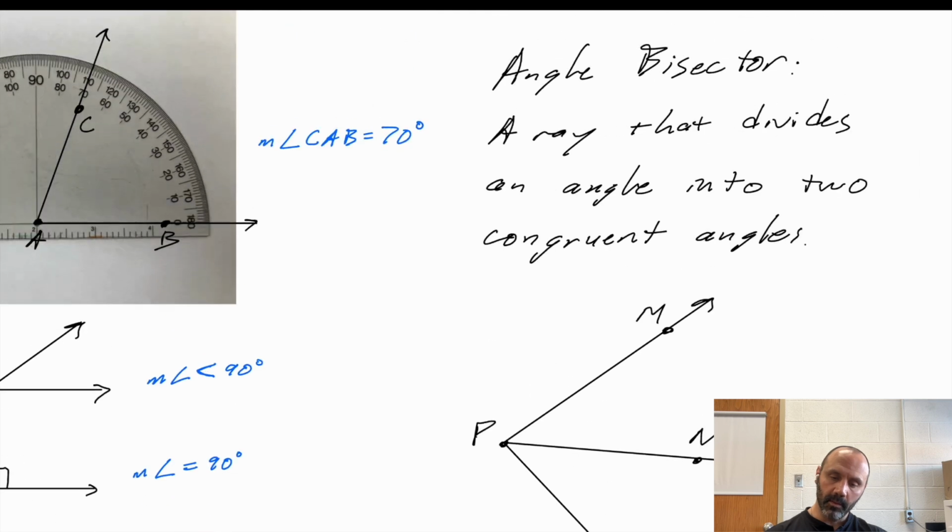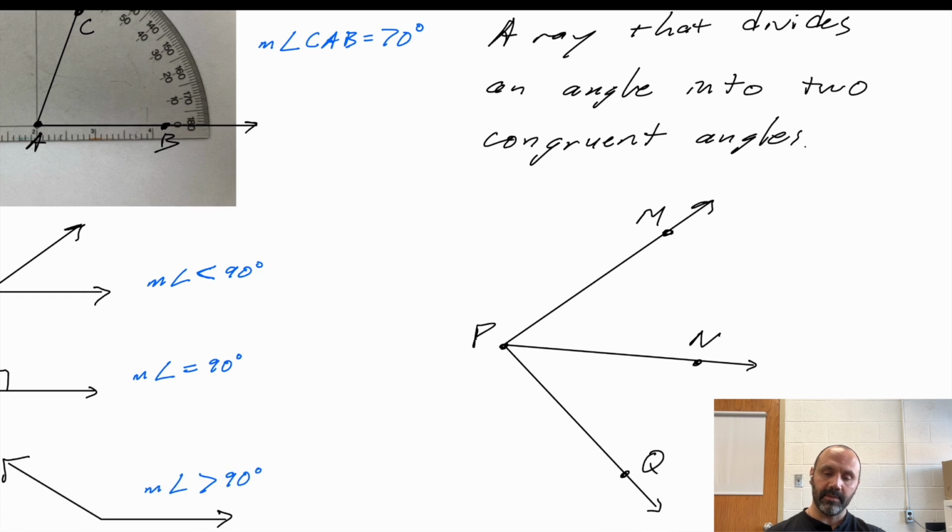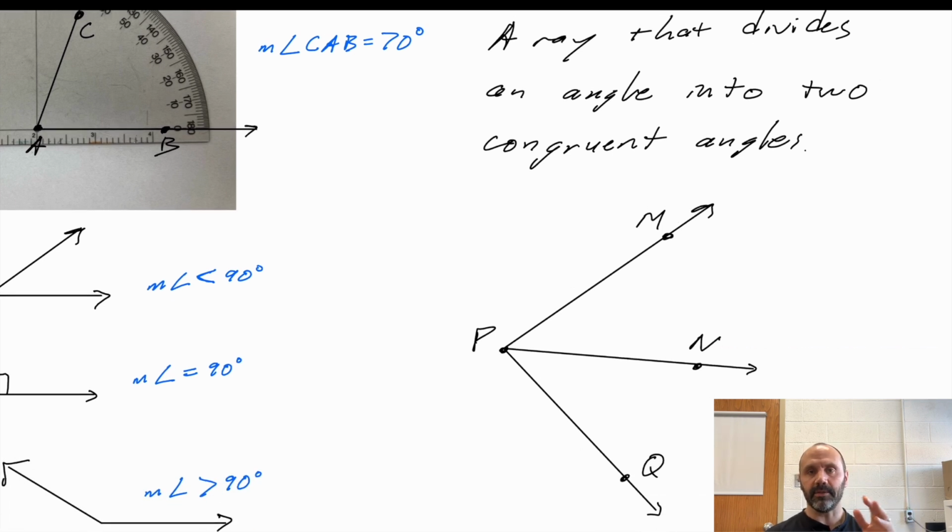Now, one more concept to cover, an angle bisector. So a bisector is something that divides something else in half. Okay, so an angle bisector is a ray that divides another angle into two congruent angles. There's that word congruent. Remember that? Same shape, same size. That's what that means.